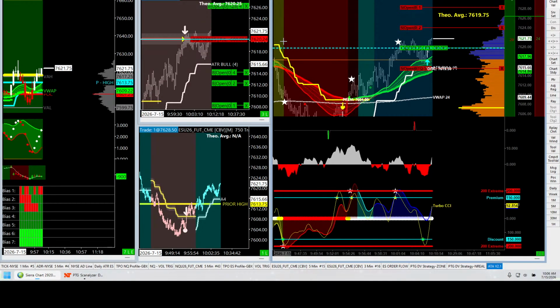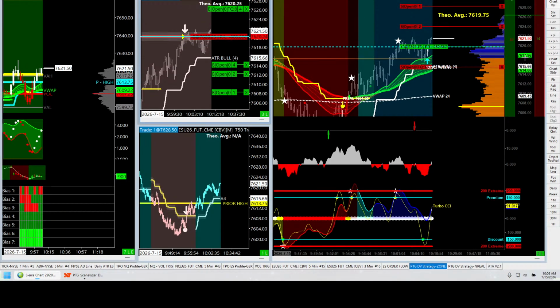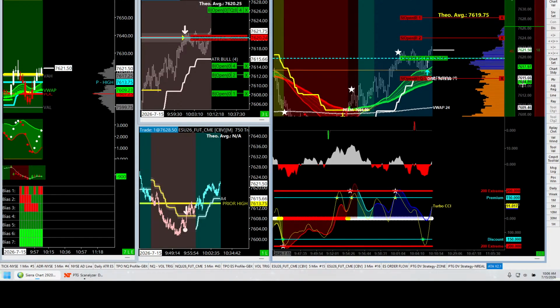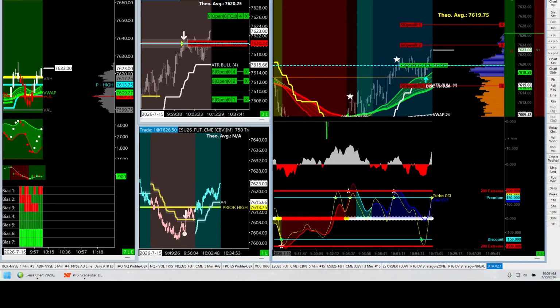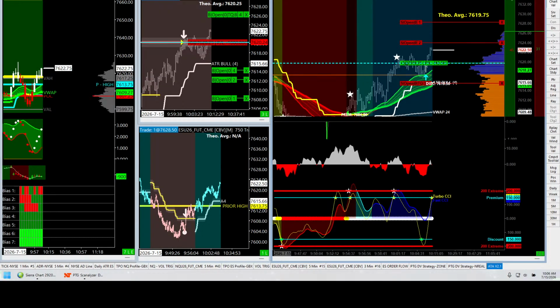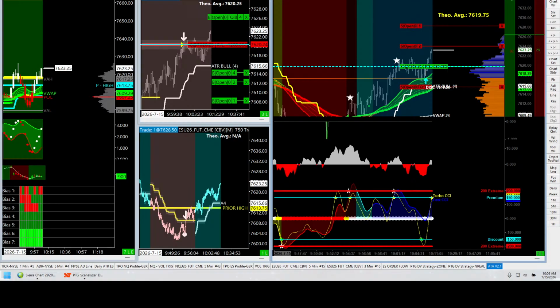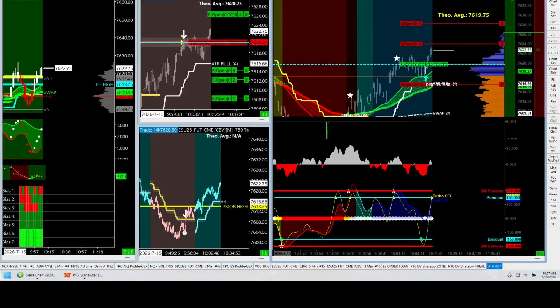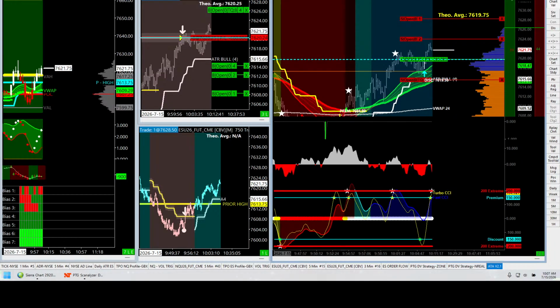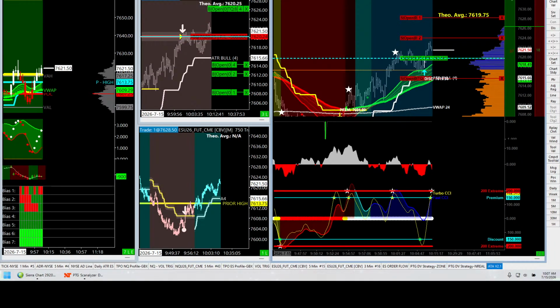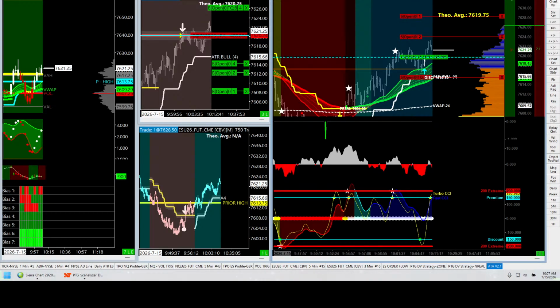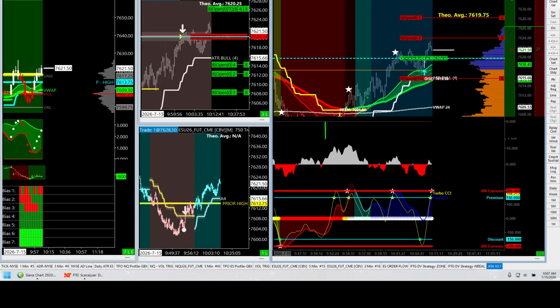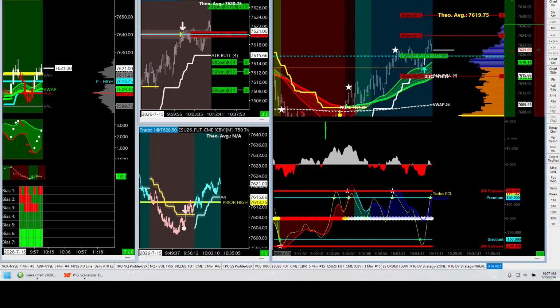Now we got a little battle here. We got our short off the A10 and we got a long off the discount, at about similar levels, so one's a different strategy. So we got kind of a battle going on here. It seems as though the buyers here are a bit stronger. It's not over yet.